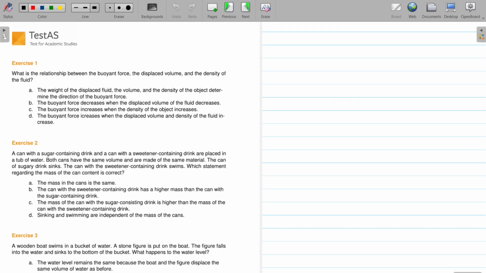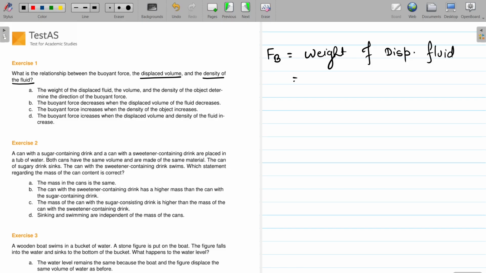What is the relationship between buoyant force and the displaced volume and the density of the fluid? So we know the buoyant force is the weight of displaced liquid or fluid. Basically, we should say fluid first.